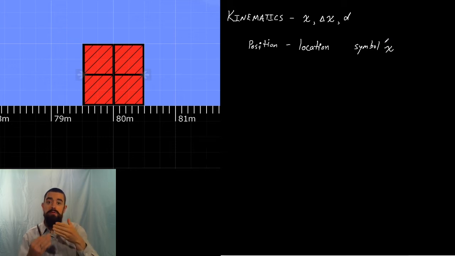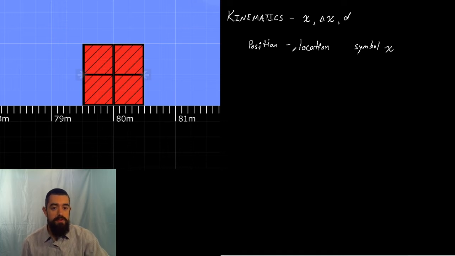Or if we're talking about movement towards the camera or away from the camera, that would be the Z direction. So we can have movement in any direction, and it would be a combination of X, Y, and Z for your location. We're going to start out with one-dimensional, that's a line, and then we're going to talk about some two-dimensional motion in a future video.